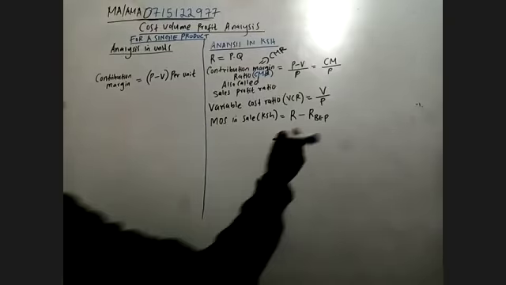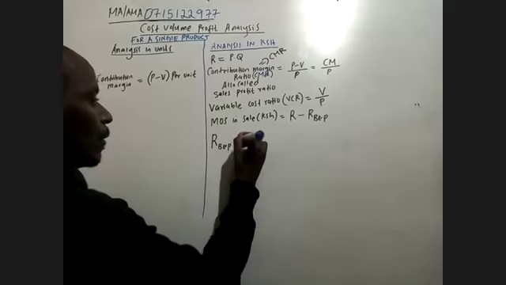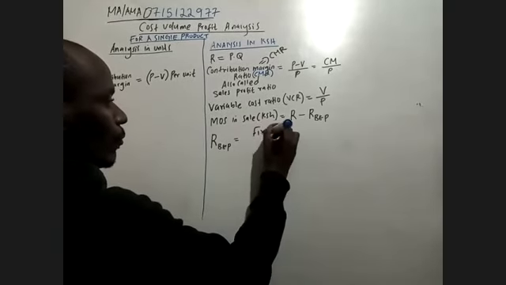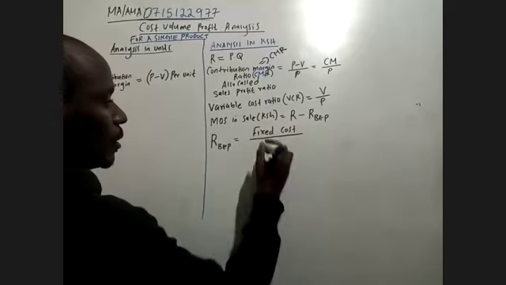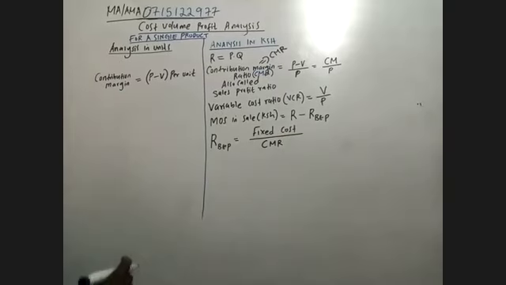Now, how do we get the revenue BEP? Revenue BEP is equal to fixed cost, you divide it by the CMR, contribution margin ratio.